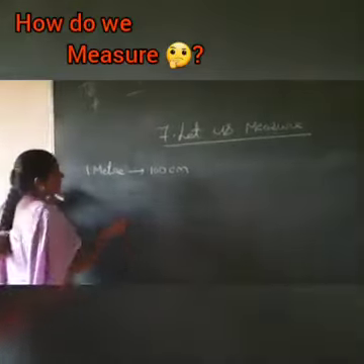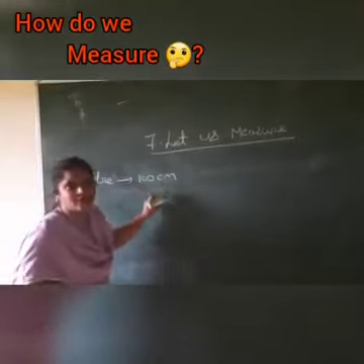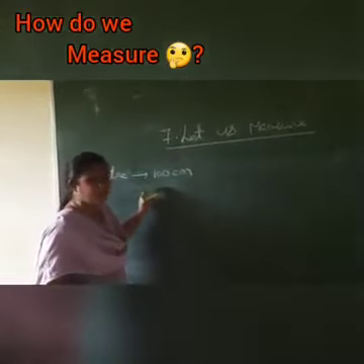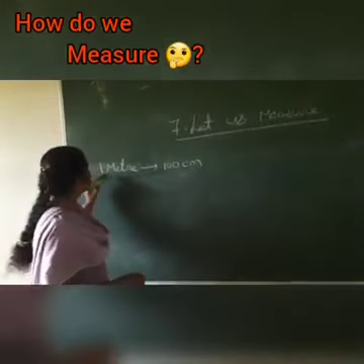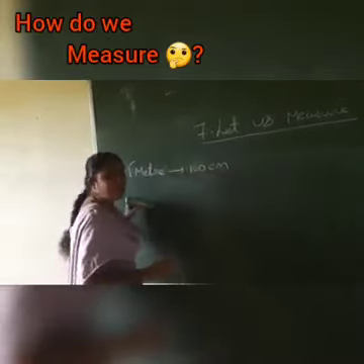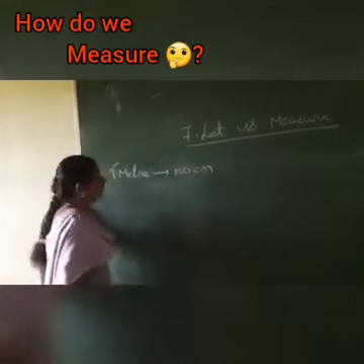Each centimeter is further divided into millimeters. So 1 centimeter is divided into 10 millimeters. The meter is the biggest measuring unit, and the millimeter is the smallest measuring unit.